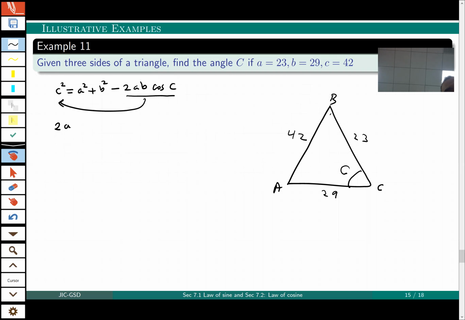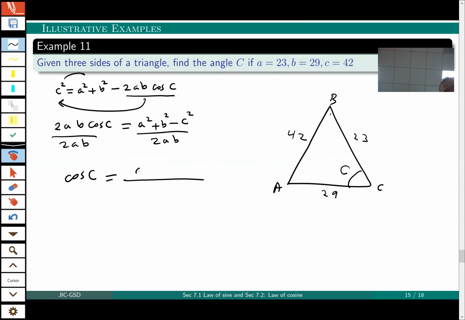So I'll get 2AB cosine C, and moving that one to that side, it will be A squared plus B squared minus C squared, then divide by 2AB. So cosine C will equal A squared plus B squared minus C squared over 2AB.